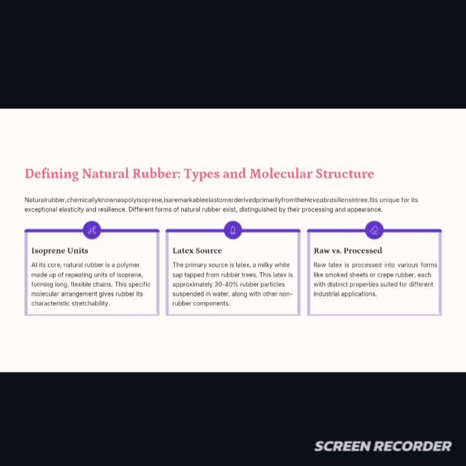This latex is approximately 30 to 40% rubber particles suspended in water, along with other non-rubber components. Raw versus processed. Raw latex is processed in various forms, like smoked sheets or crepe rubber, each with distinguished properties suitable for different industrial applications.